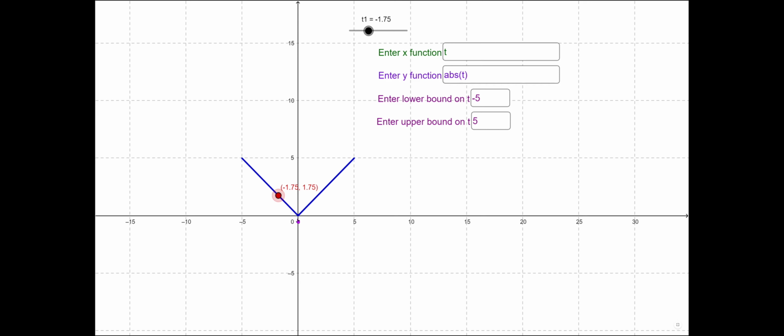So if something is not smooth, it means that it's going to have this kind of kink, which means that there's a sudden change in the derivative at the point that you're looking at.